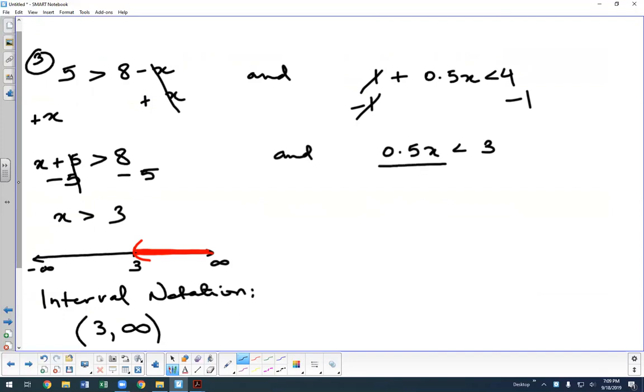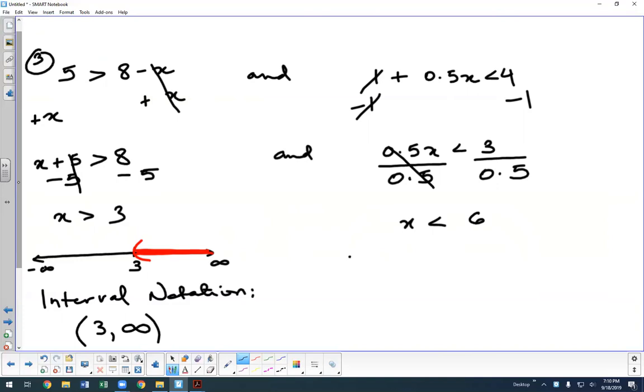If I divide 3 by 0.5, what am I going to get? 6. Yes, because 3 divided by a half will give you 6. So x is less than 6.